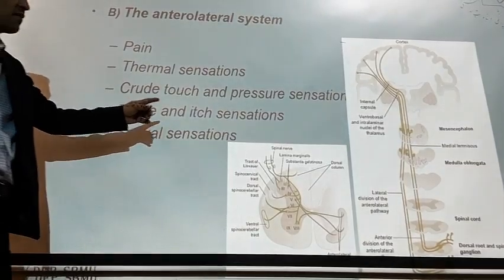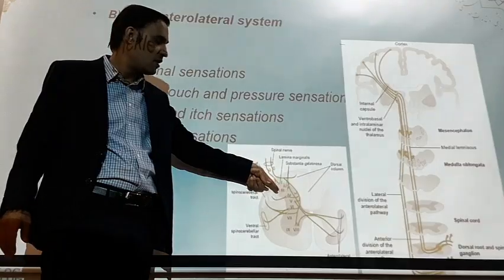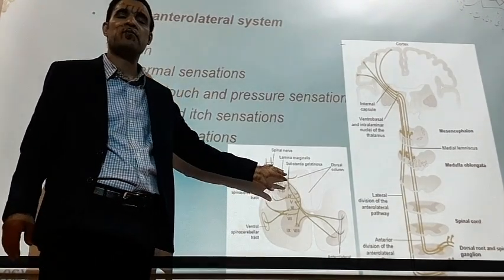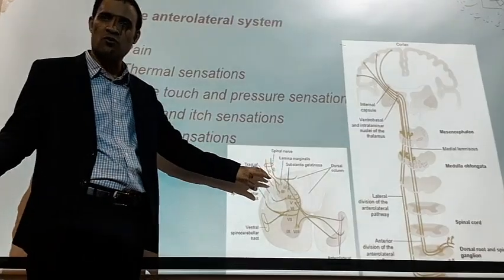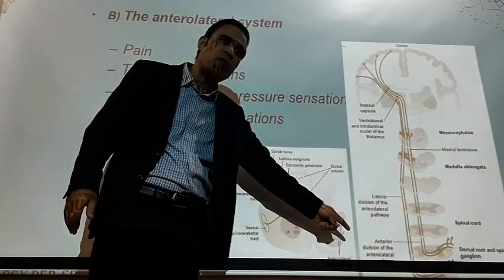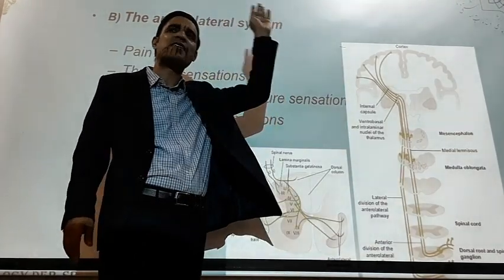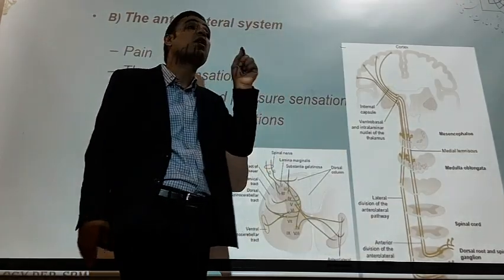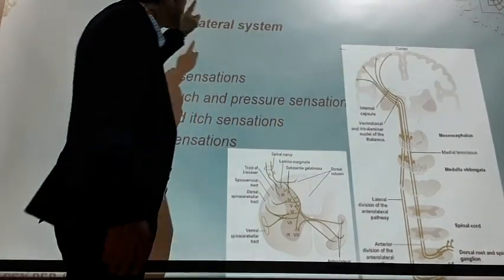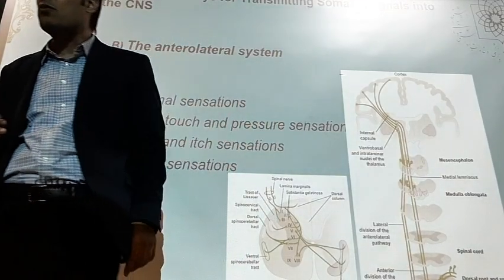Take a look at the pathway. These neurons enter the spinal cord, and after making a synapse with the second order neuron immediately, they cross to the other side of the spinal cord, and in the anterolateral they ascend directly to the thalamus. Therefore, it is named the spinothalamic pathway, from the spinal cord to the thalamus.